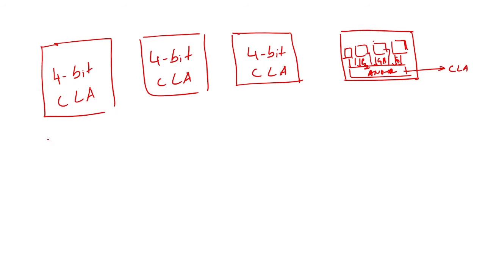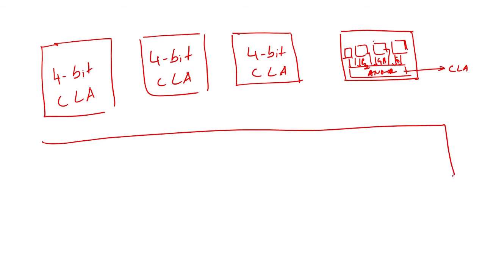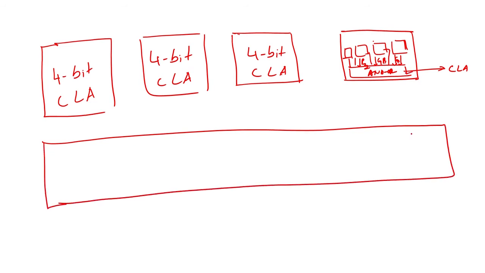So, now we will have a big CLA. This is one level, this is the next level. Here we will get G0 higher level, P0 higher level, and here we will get the sums S0 to S3, S4 to S7, and so on, and from the similar CLA you will get the output here.